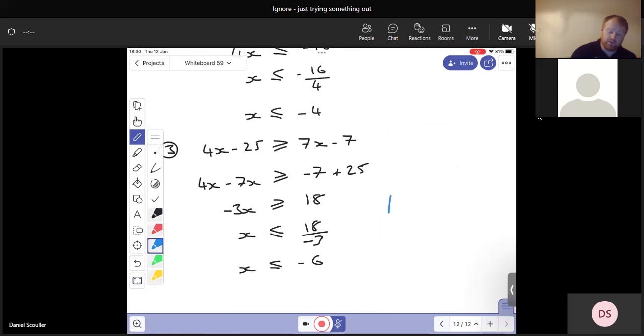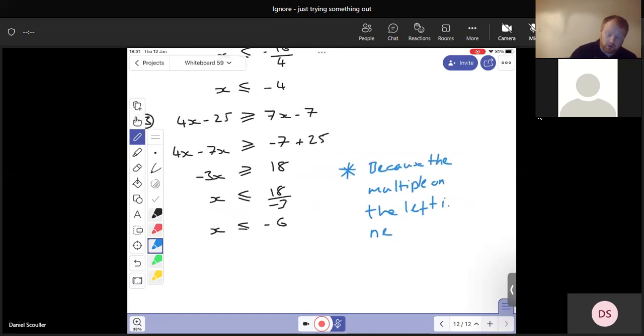And put a nice big star because the multiple is negative.